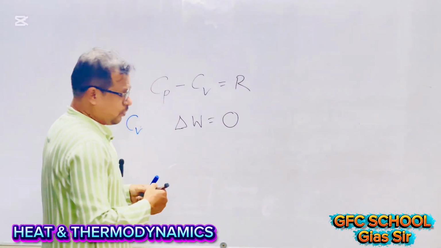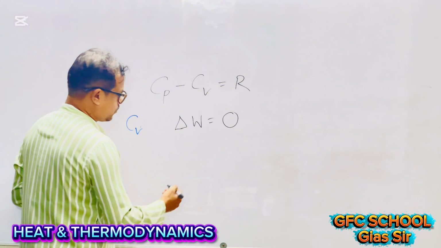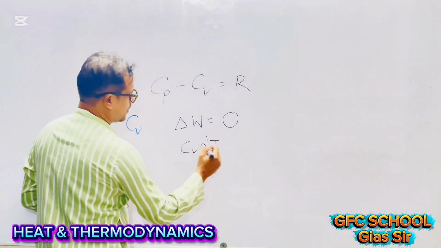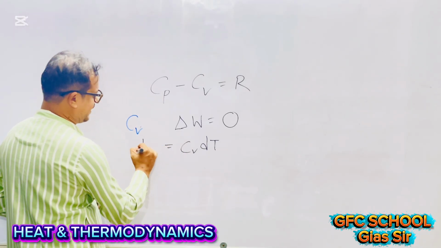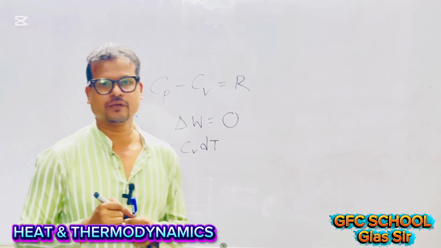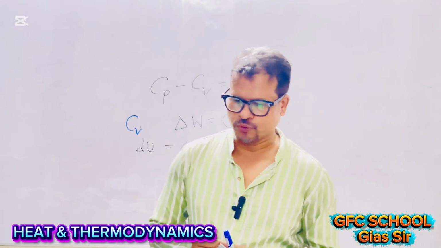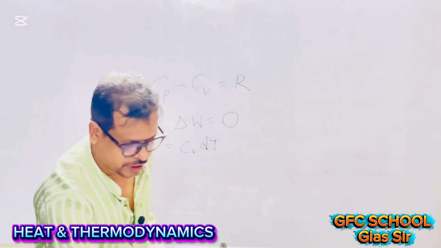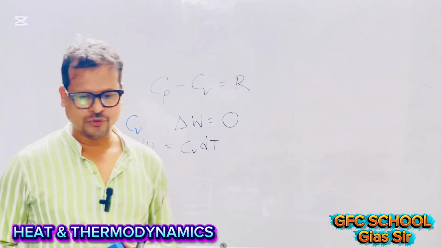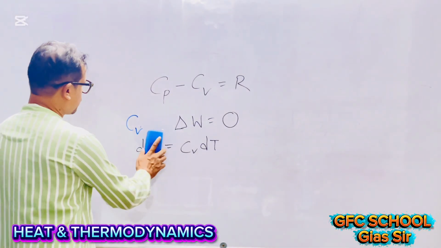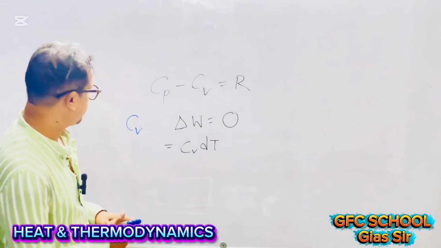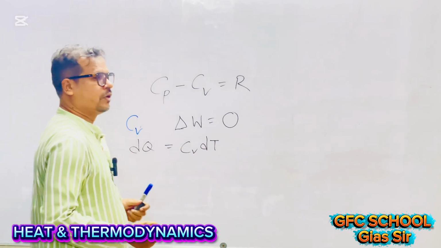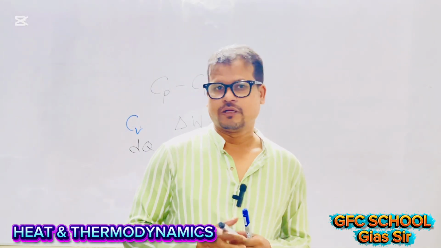And we know Cv times the change of temperature equals dU. So dQ equal to Cv dT.